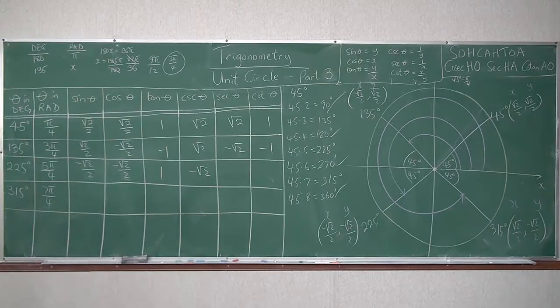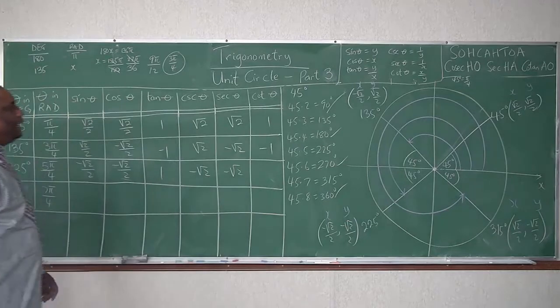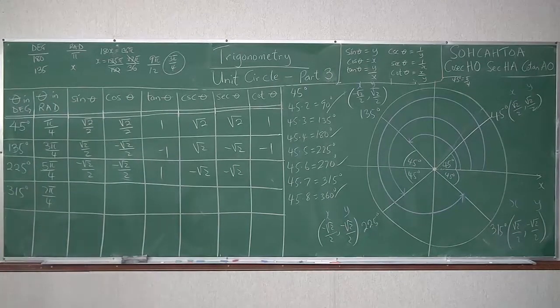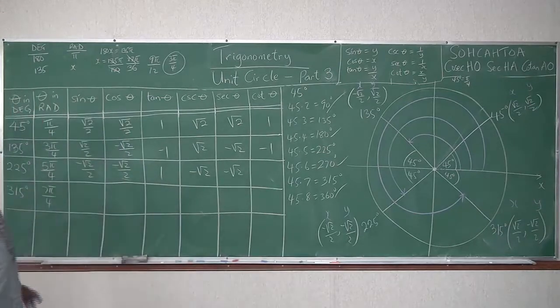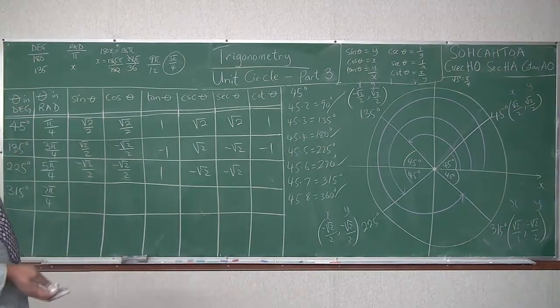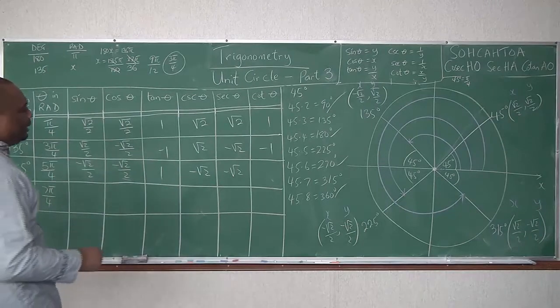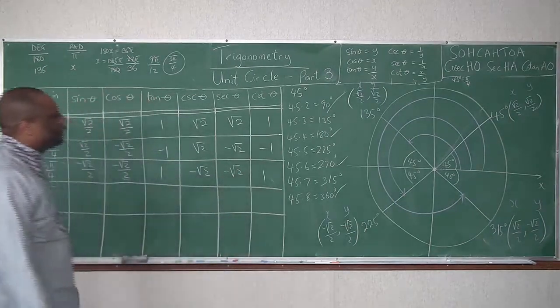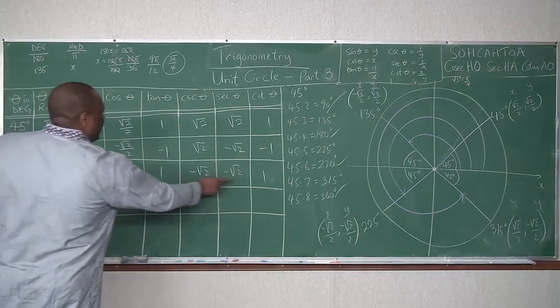Sec, this will be what? Negative root 2. And then cotan, negative divided by negative, because x is negative, y is negative, so negative divided by negative will give you positive. Okay? These are negatives because the x and y are negative.